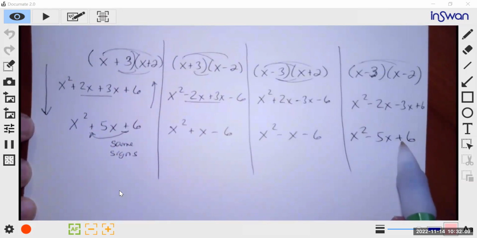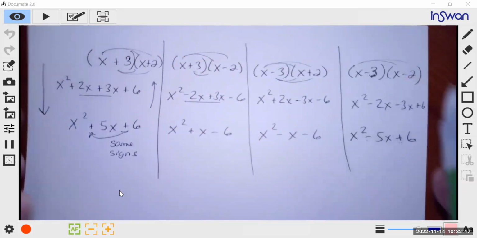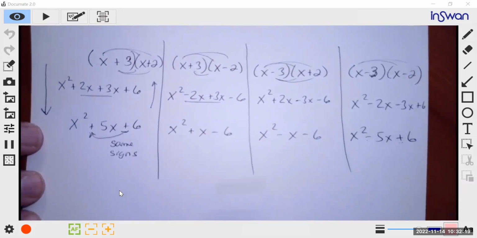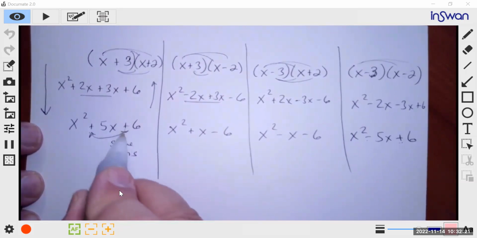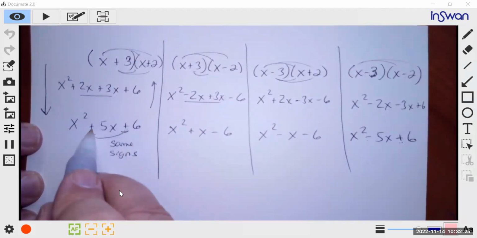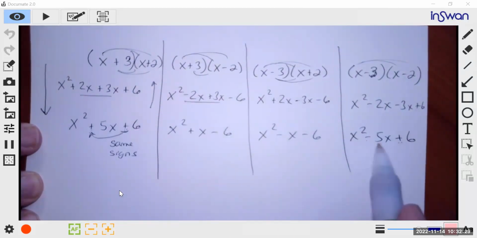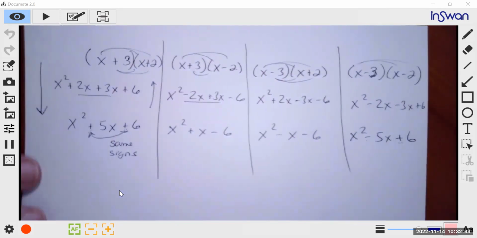If it's minus, they're both minuses. So far, so good? When you look at the second sign, if it's a plus, that means the signs are the same. It's whatever the first sign is. Plus, plus. Second sign is plus, so it's the same. They're both minus. That's the first thing I want you to notice.